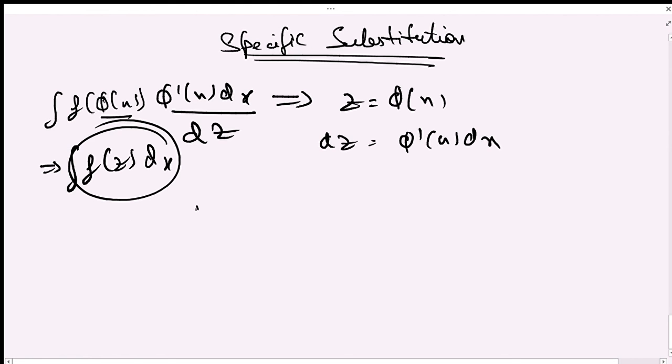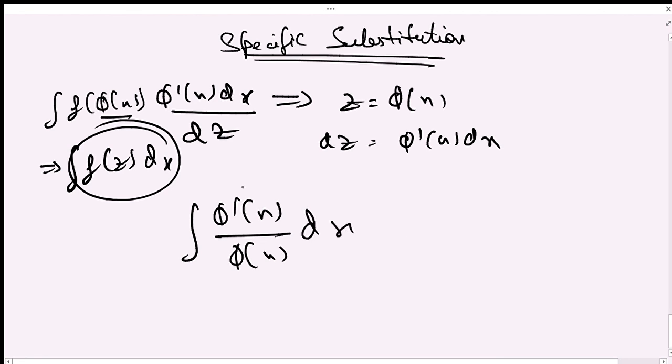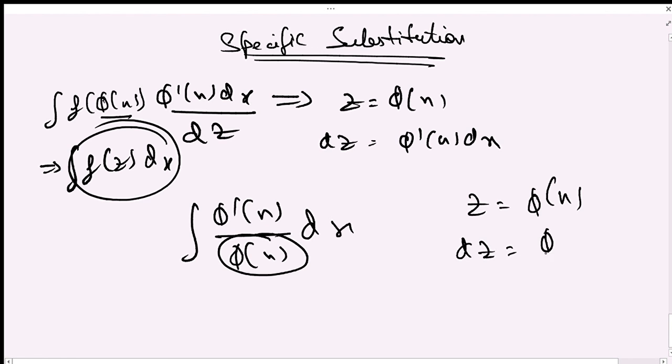Now suppose you have the integration, carefully understand these things, phi dash x over phi x dx. Just take phi x, the denominator, as the substitution. So let z equal phi x. Okay. Then dz will become phi dash x dx. Then the complete numerator portion will get diminished to dz.